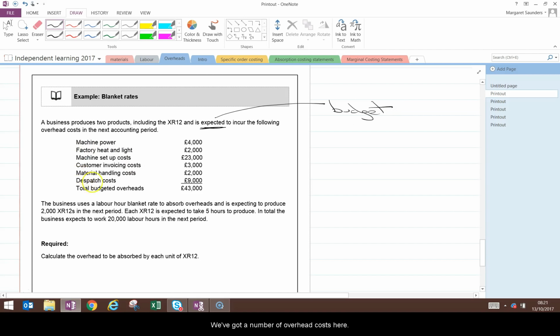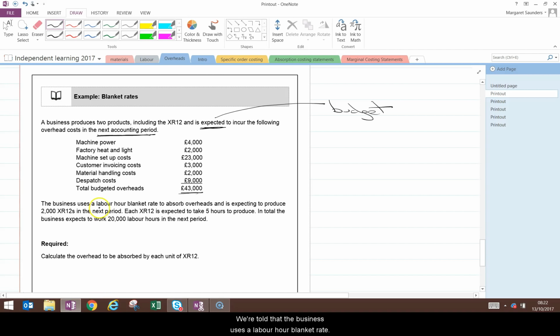We've got a number of overhead costs here: power, heat and light, setup costs, invoicing costs, dispatch costs, a total of £43,000 in overheads. This is in the next accounting period. So again, that tells us it's a budgeted figure because it's what's going to happen in the future.